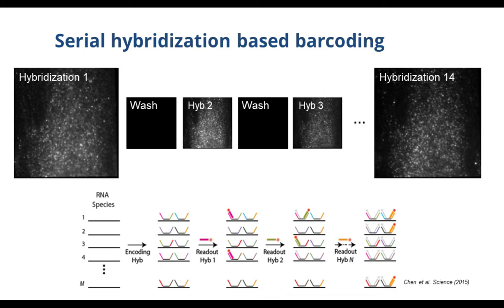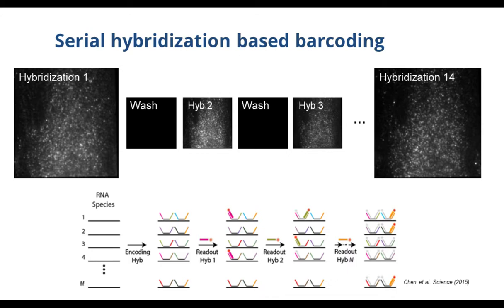What I mean is that we not only label the cell once, but we label the cell, wash, and label again. Of course, the sample has to be fixed in order for the RNA not to be moving around. But if we can do this many rounds, then we can image a lot of targets.